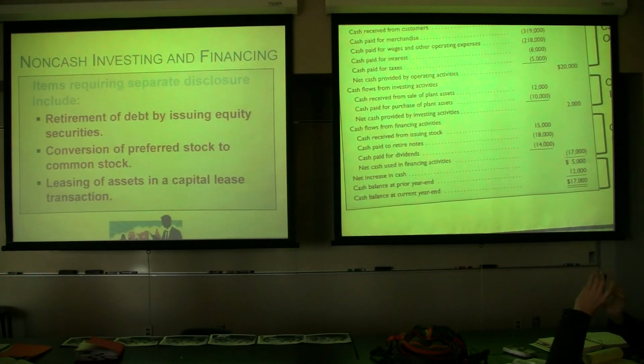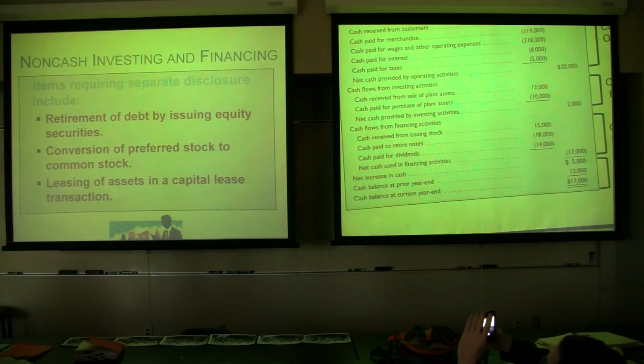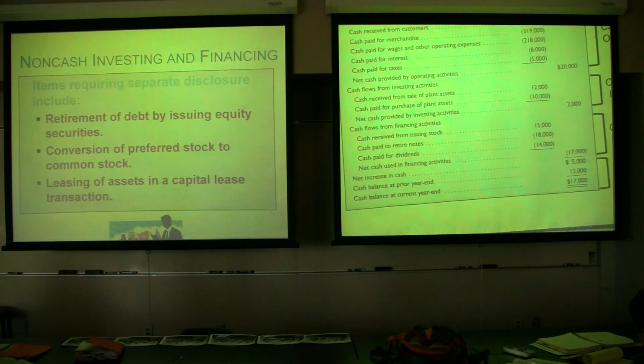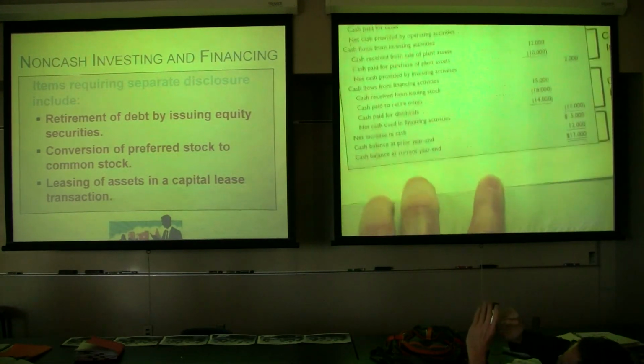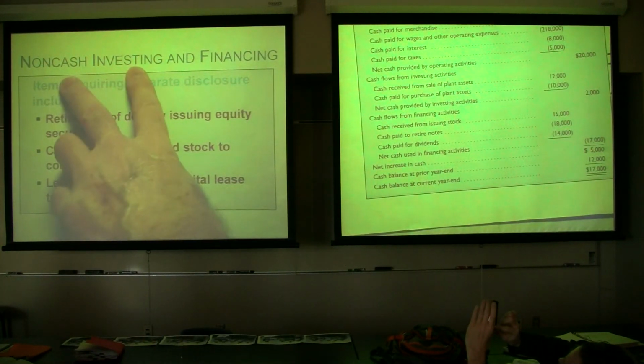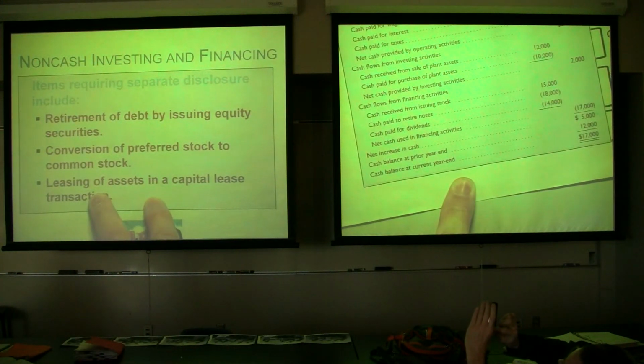So are you guys doing good? Okay, so how do we get these into the cash flow, or do we not? They're just reported down here at the bottom. So it'll have this title, non-cash investing and financing activities, and it would just list them, okay?